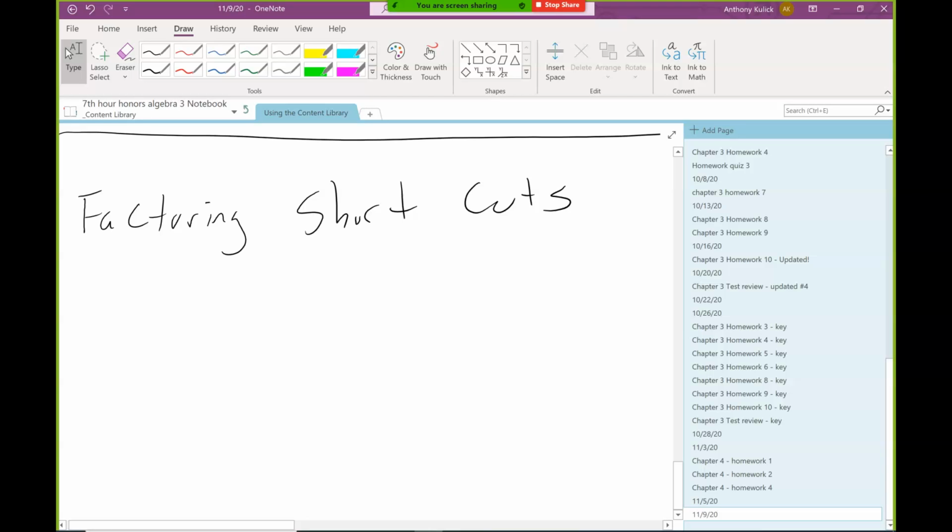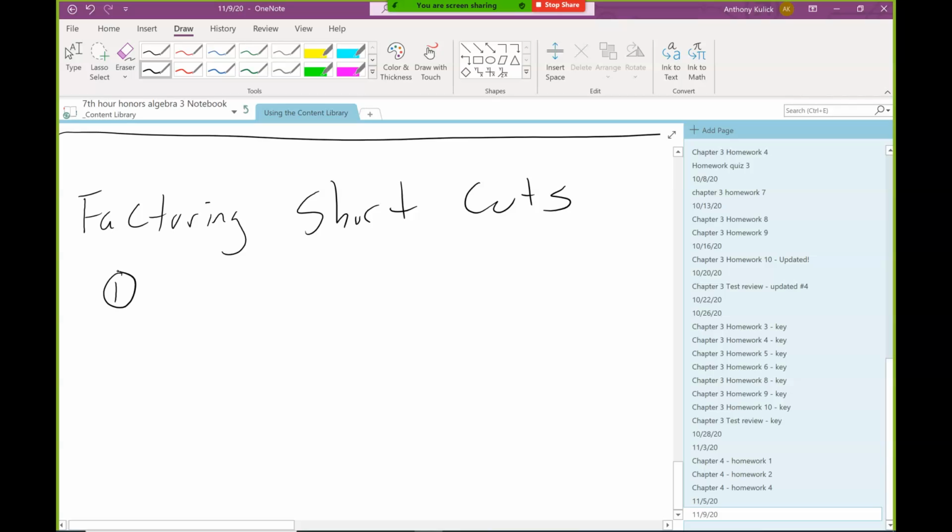From here on out, everybody's going to get to use these shortcuts unless I tell you explicitly not to. But I don't think I really would. I would just give you problems where you couldn't do the shortcut if I wanted to see you not use the shortcut. Okay.